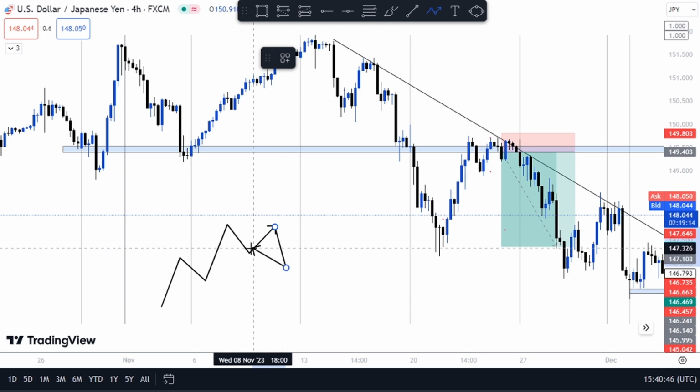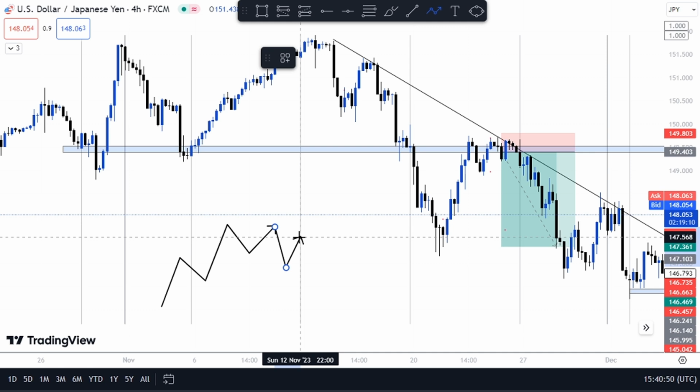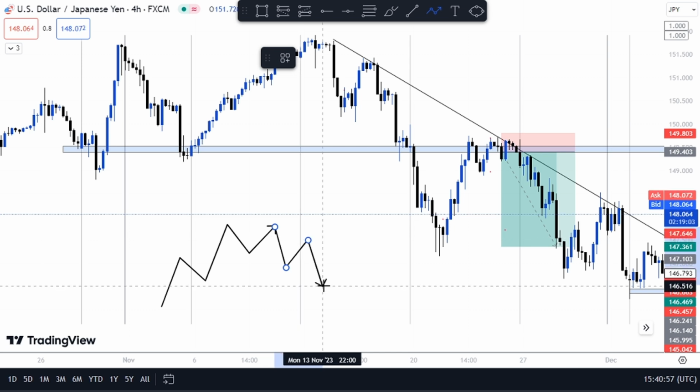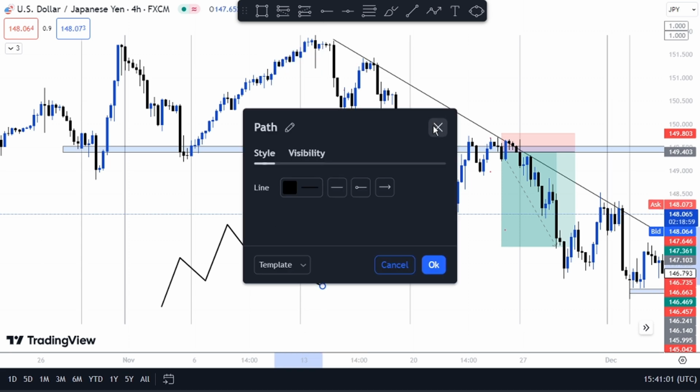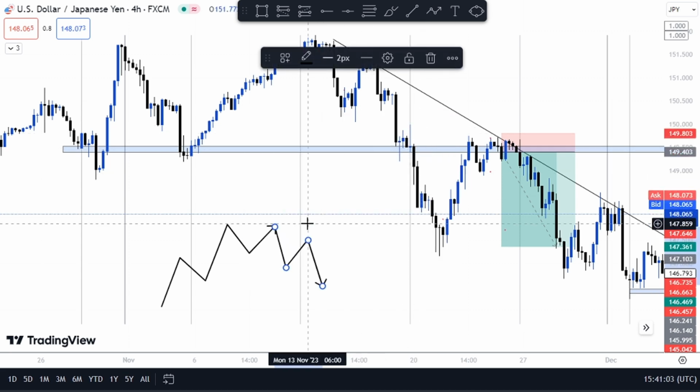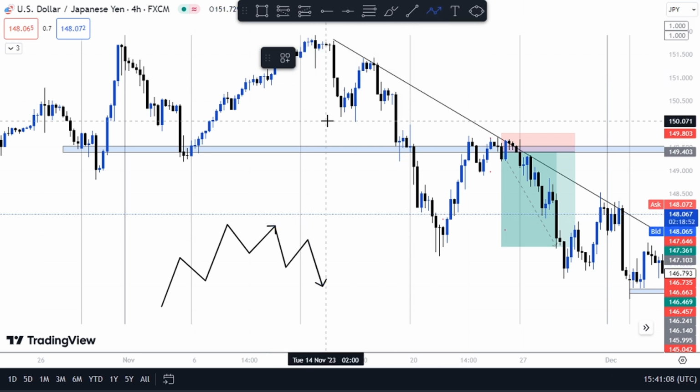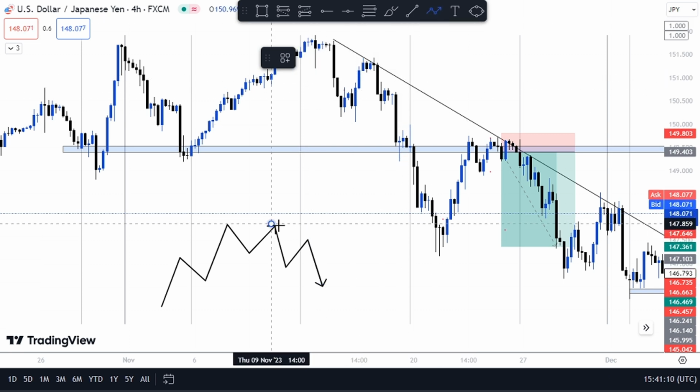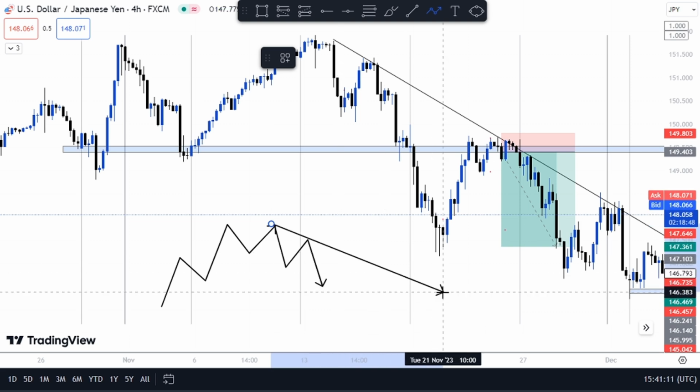We broke it and we couldn't break this high. So we created something like this and market started dropping. So at this point, all you should know is that you spotted 2 points to draw your trend line. So from there you quickly draw your trend line.